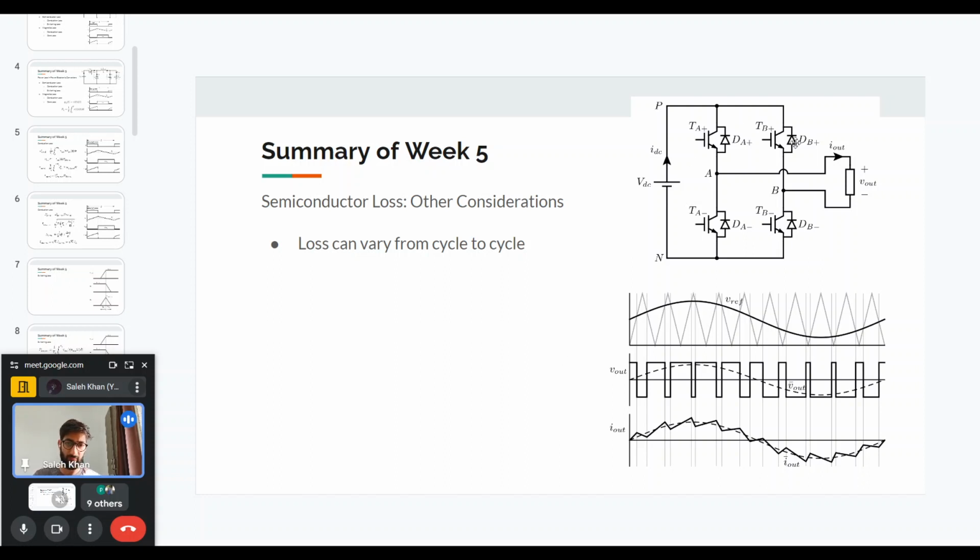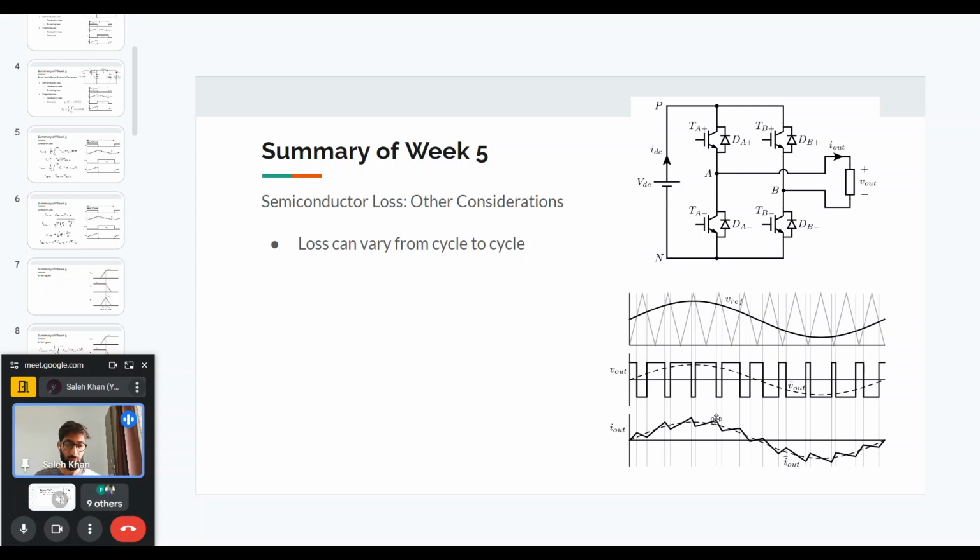For example, here I've shown an H-bridge, and in bipolar modulation, we can see that the output current is a sinusoid, and this sinusoidal current goes through the devices, and in each switching cycle the current is different. Sometimes it is very high, sometimes it is very low, sometimes it's negative, so the diode will conduct, and that will lead to different losses in each cycle.